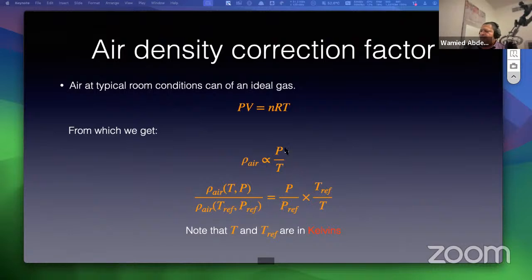So if the pressure increases, then the density of air increases. If the temperature increases, the density of air decreases. So this density is related to n multiplied by R divided by V. So nR over V is something related to the pressure of the gas.